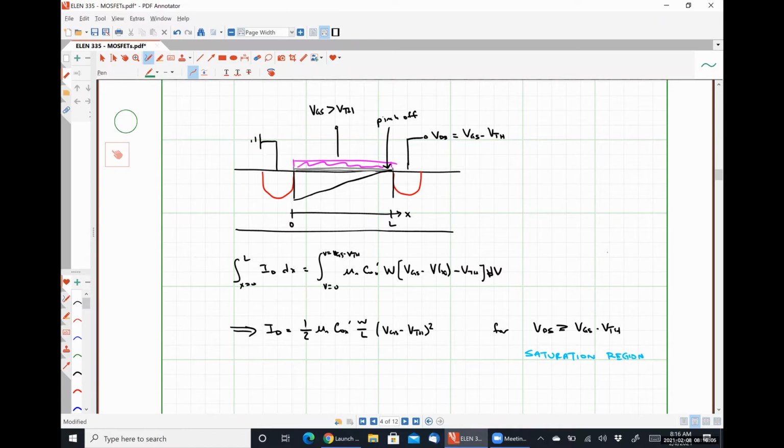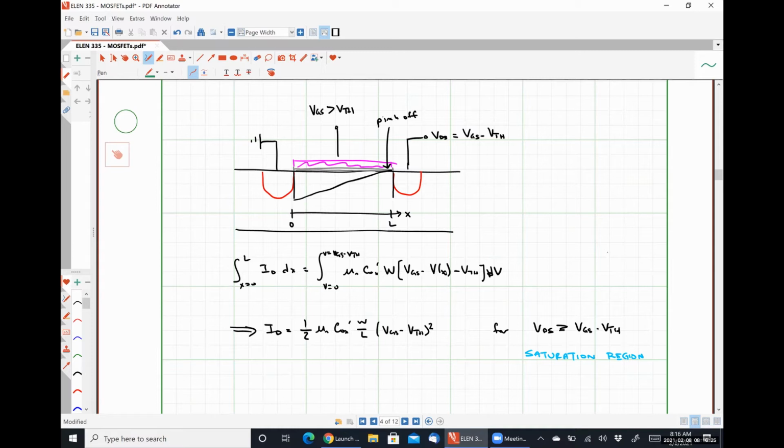Or a better way to put it: what's going to happen to the location where pinch off occurs? It's going to move further to the left. Absolutely right. The larger this voltage VDS is, the smaller the x value the pinch off location has.